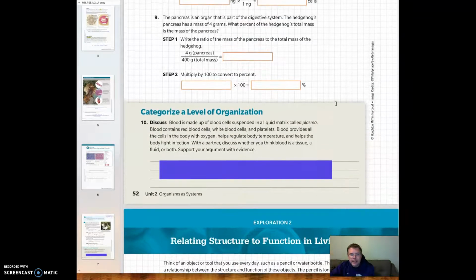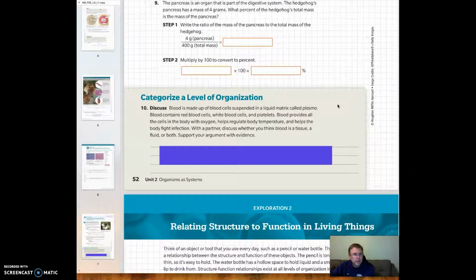If you're really interested in that, come and talk to me and I can help work you through that if you want to see. Let's see, next part is taking a look at blood. So it says blood is made up of blood cells suspended in a liquid matrix called plasma. There's red blood cells, white blood cells, and platelets, and blood provides all the cells in the body with oxygen, helps regulate body temperature, and helps the body fight infection.